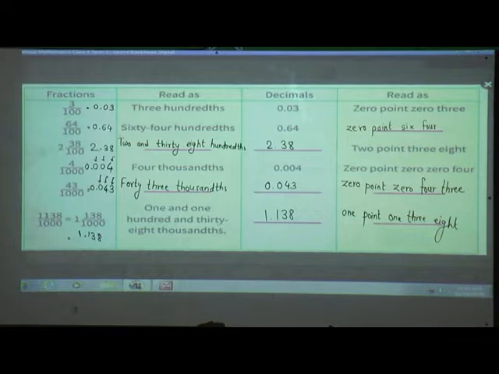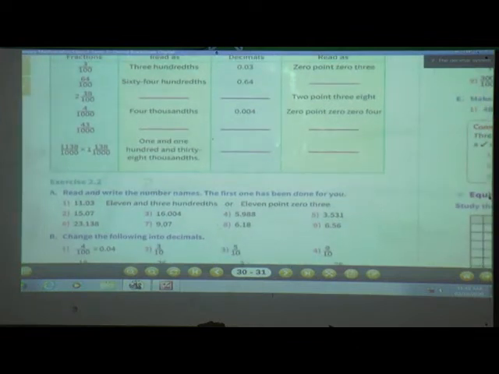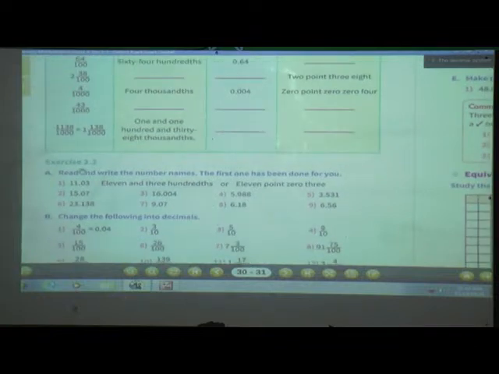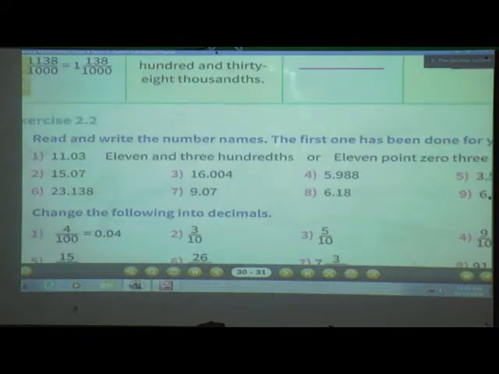Now we will start solving our exercise 2.2. See what is the first question? Read and write the number names. The first one has been done for you. See how they have done the first one. See here, 11.03.